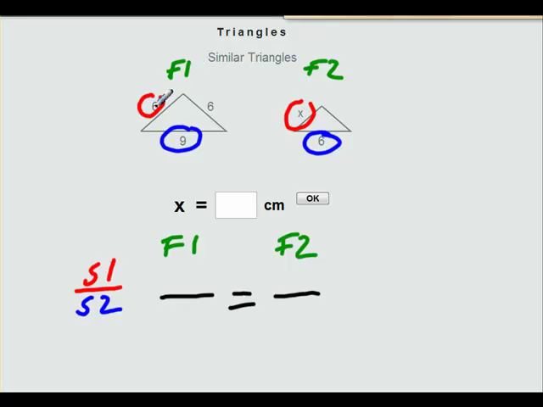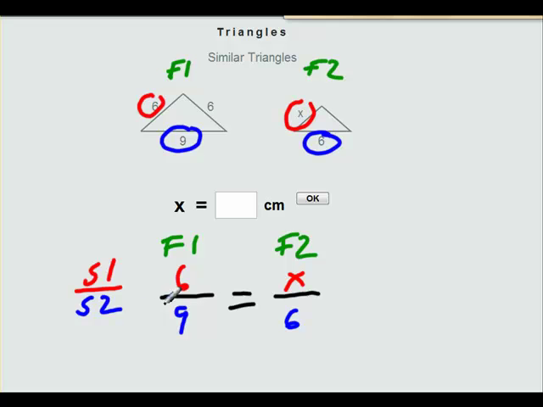So from figure 1, we have 6 to 9. Figure 2 is x to 6.